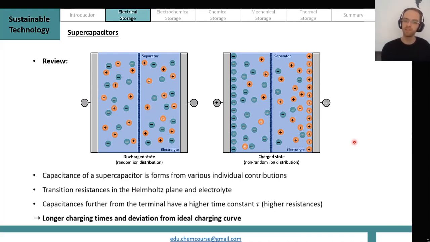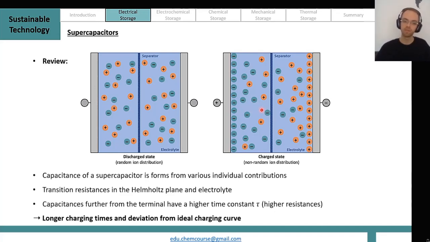So capacitances further away from the terminal, the terminal being the electrode, and capacitances formed by ions which are further away from this terminal, have a higher time constant, simply because they have higher resistances. They have higher resistances because there's more electrolyte in between them, which limits the conductivity.